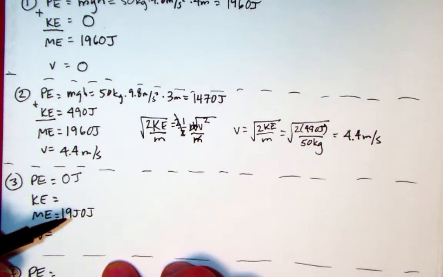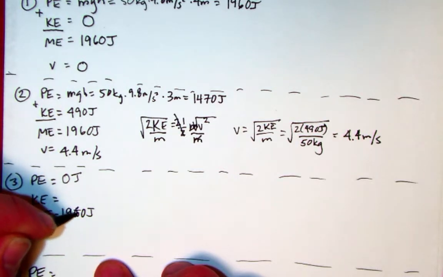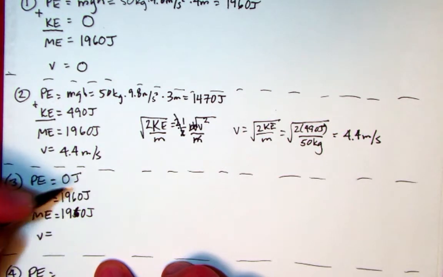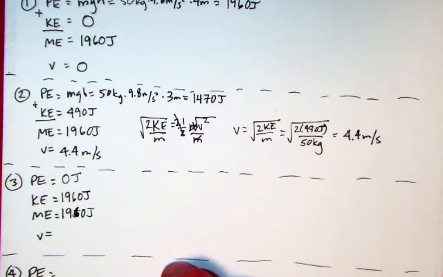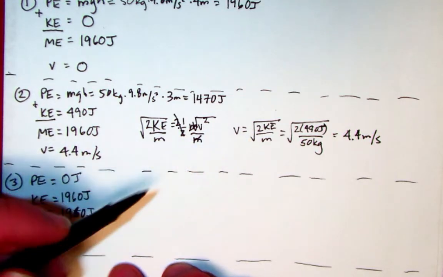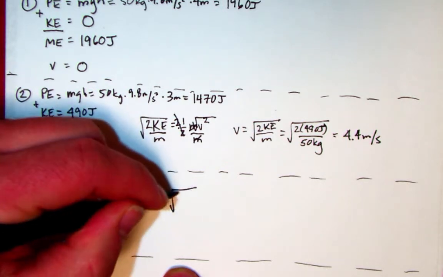And all of our energy is 1960 joules of kinetic energy. All right. Again, we want to find the velocity. I'm going to use the same equation I had up here. V equals the square root of 2ke over m.